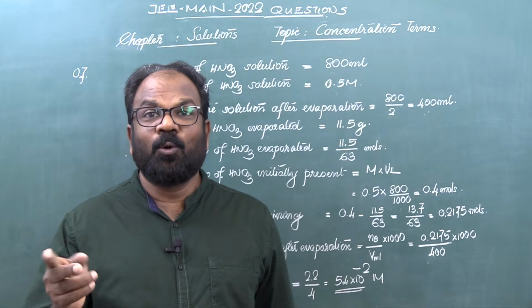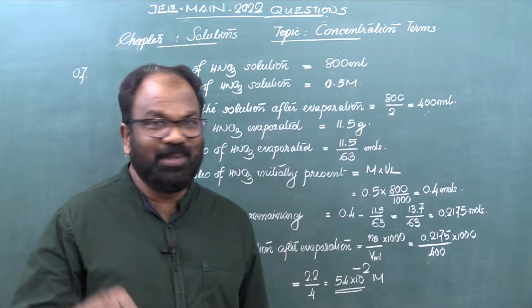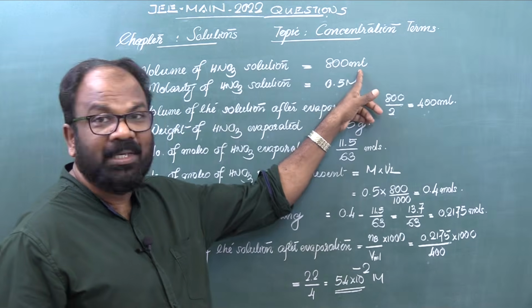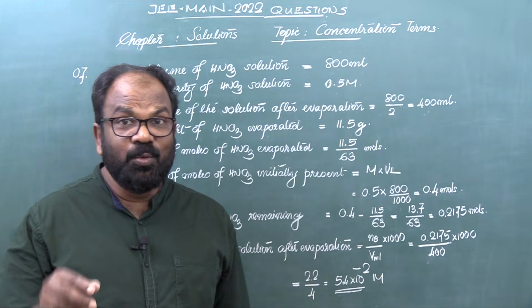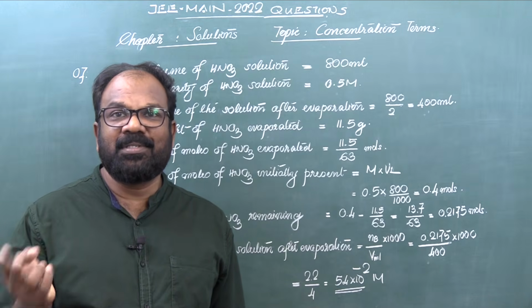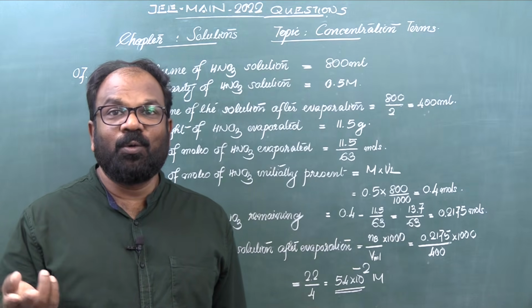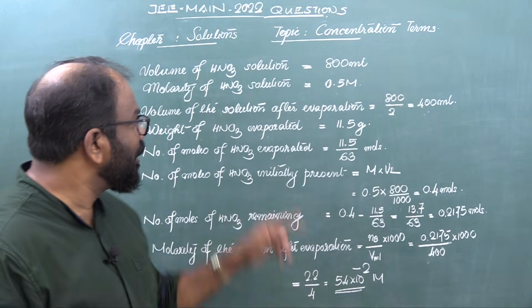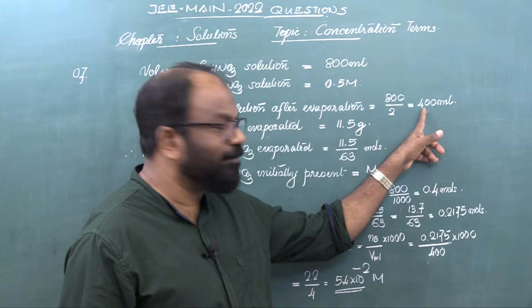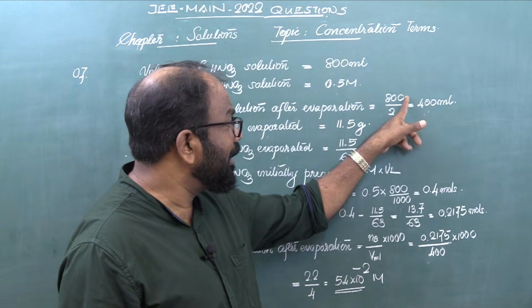In this question, volume of an HNO3 solution is given, that is equal to 800 ml and its molarity is equal to 0.5 molar. This solution is heated so that some amount of HNO3 is evaporated and the volume is reduced to 50% of the initial volume. So now the volume of the solution is equal to 400 ml. 800 is the initial volume.